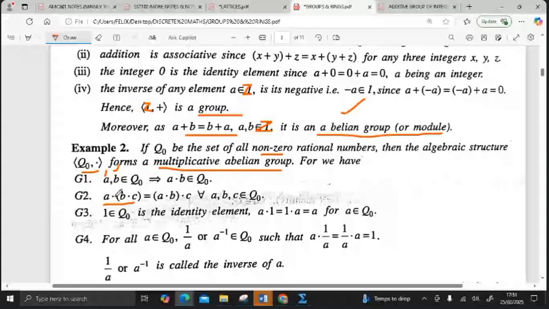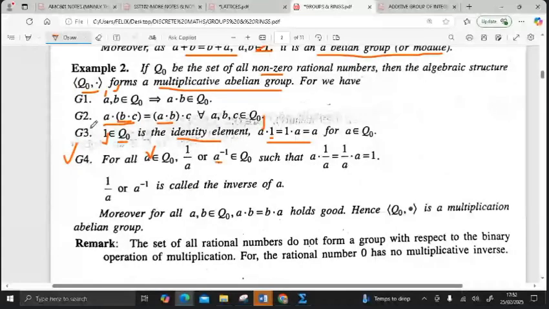Now, take any three rational numbers. It does not matter whether you multiply the first two and then the last, or the last two first; you get the same rational number. And 1 is the identity.